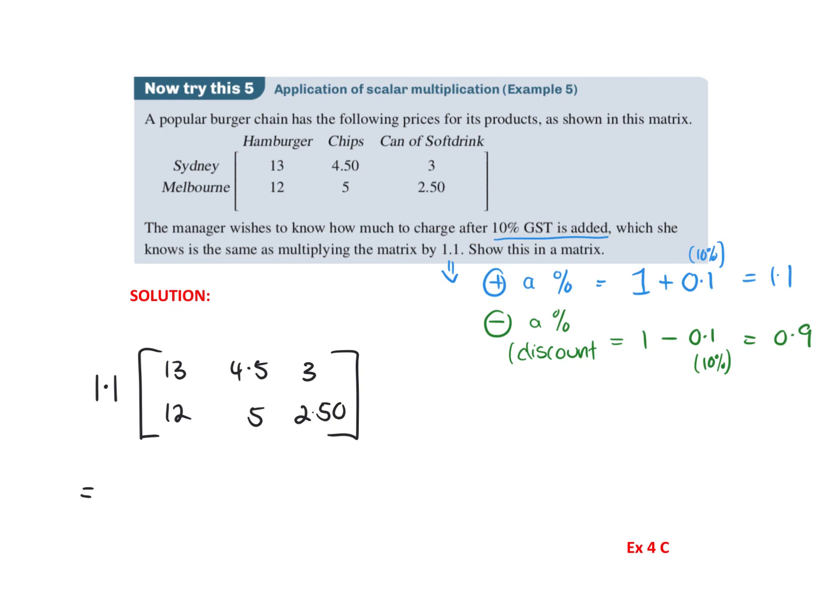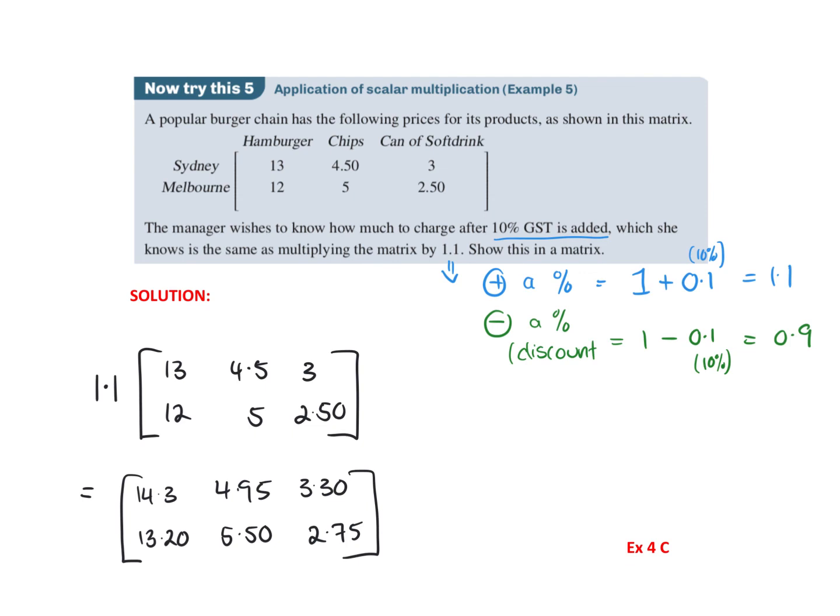They just want you to show the 1.1 timesing against that matrix. So we get our answer, and we'll type that in. I'm doing 2 decimal places because it's money, to the nearest cent.